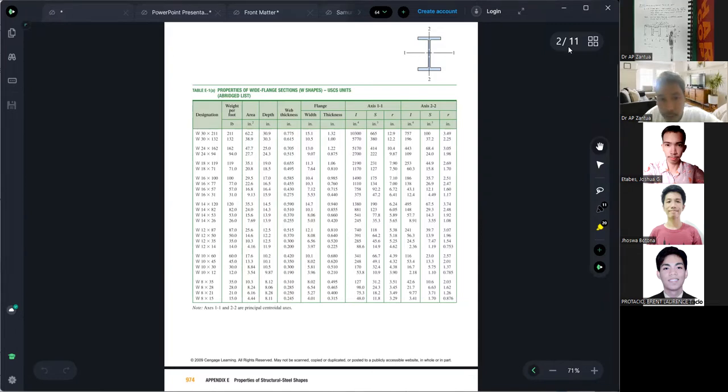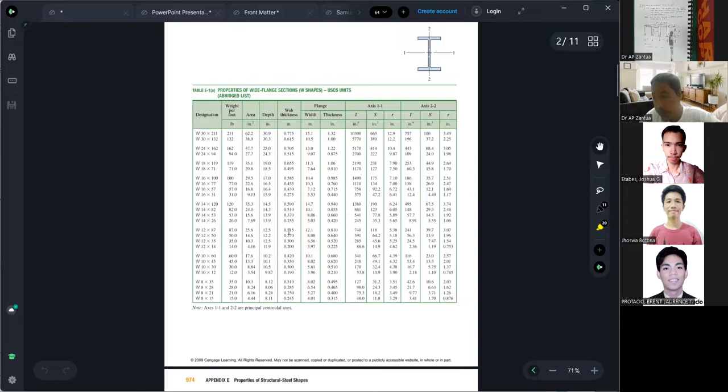50 is the weight. What is the 12? 12 is the depth, so nominal depth. You can see here depth in inches, but we want to use the actual. This is the actual depth, 12.2, but it is nominally called 12.